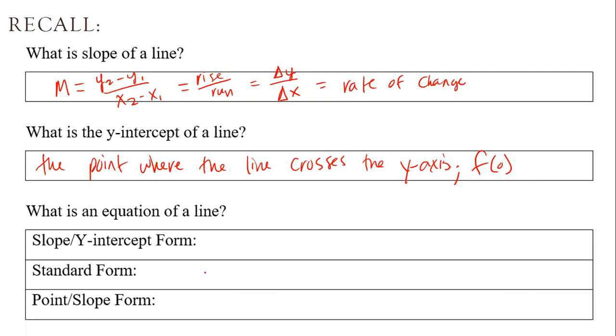Here we have slope-intercept form. That's our y equals mx plus b. Standard form is ax plus by equals c. And then our point-slope form is y minus y1 equals m times x minus x1.